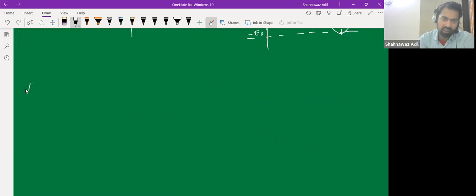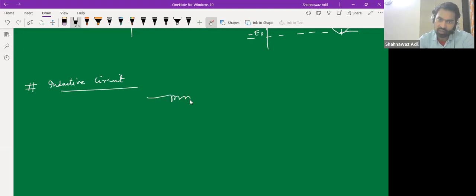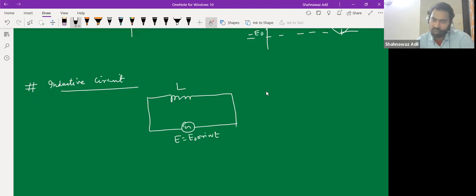Then we did this inductive circuit, and we had this inductor and this supply, and then we calculated the current. The current we found out was because our E was L dI by dt.